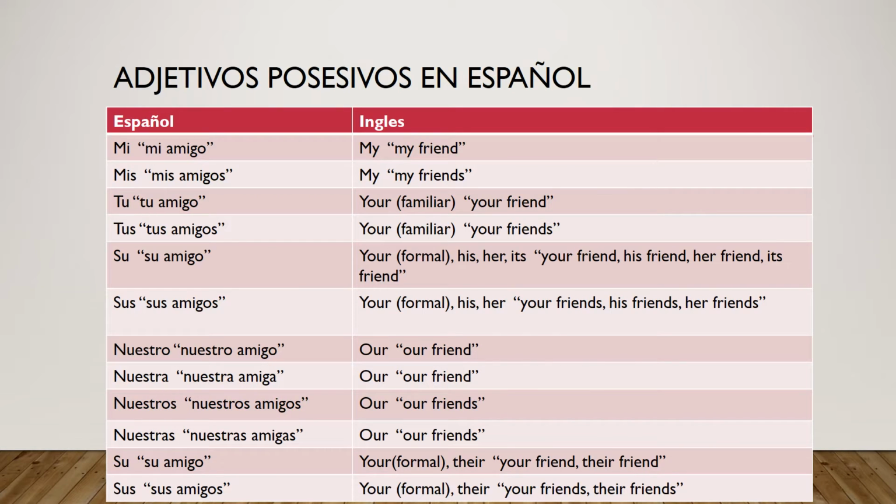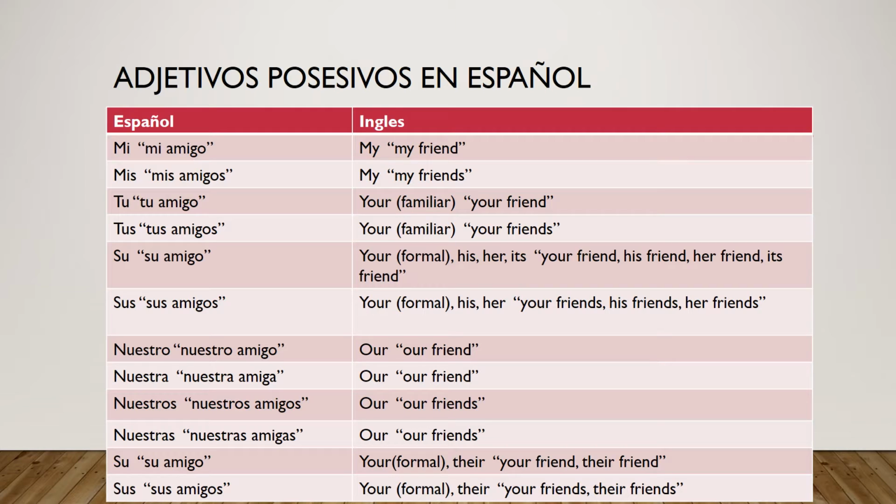Now this chart has a lot of words on it, but I just want you to go through and get a feel for some examples of when you would use each possessive adjective. So in the first line, you have mi for mi amigo. So as you can see, in English, that would mean my friend. So let's just go through this chart together.